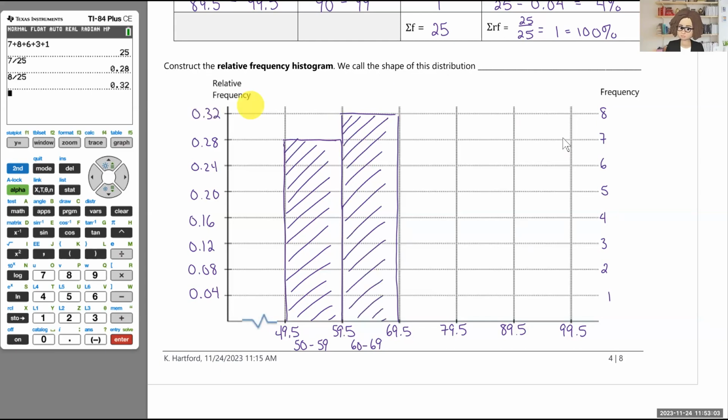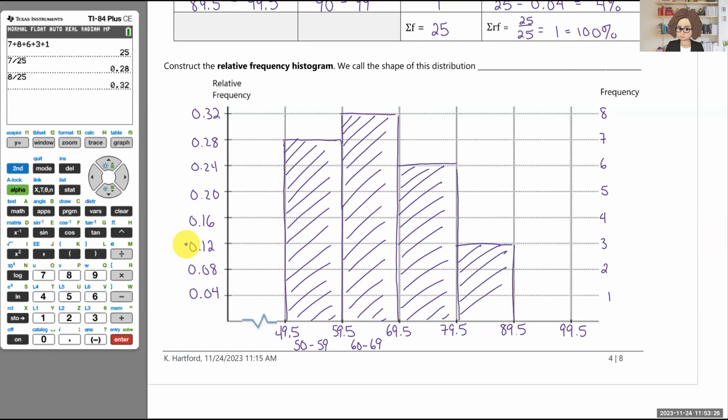And the next group, we had 6 students or 0.24. And then my students, these would be in the 80s. There were 3 of them, 0.12. And then finally, my student in the 90s out here. So this was 90 to 99.